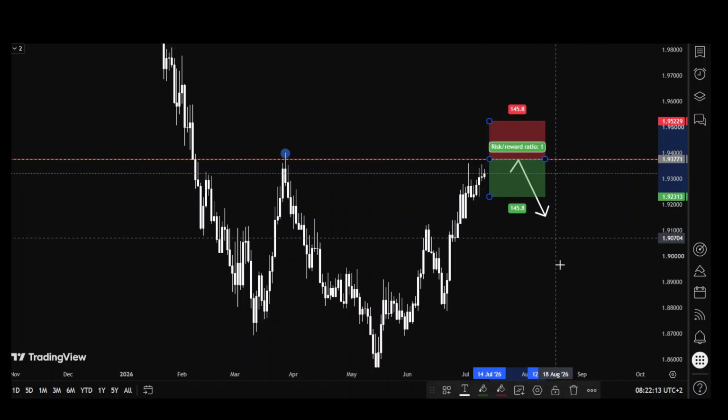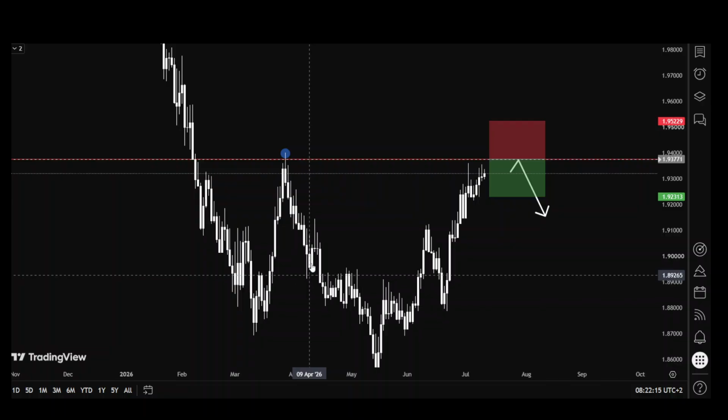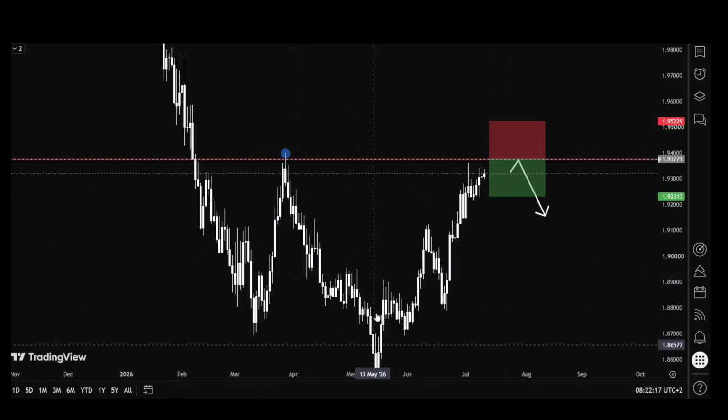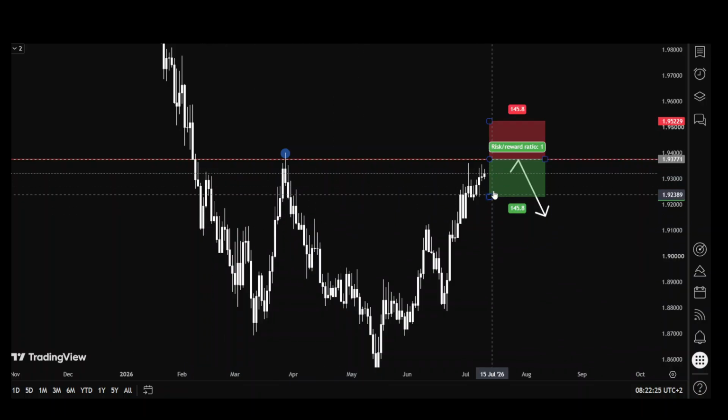Does it make sense? Yes. So this pullback was about this big. This pullback was about this big. It makes sense to have it something like this, maybe a little bit shorter.